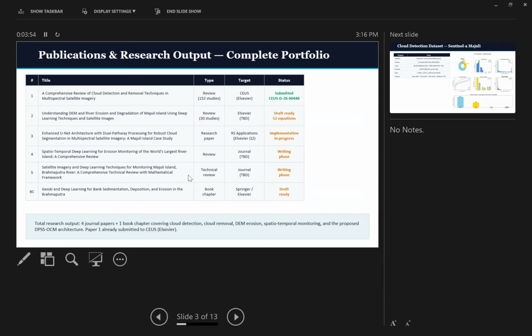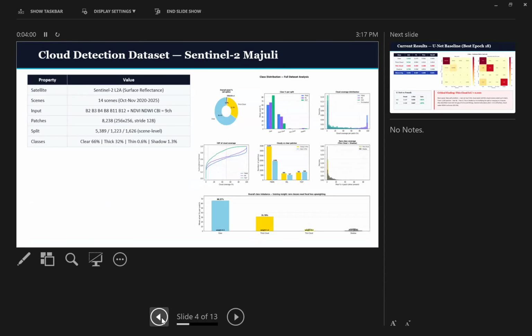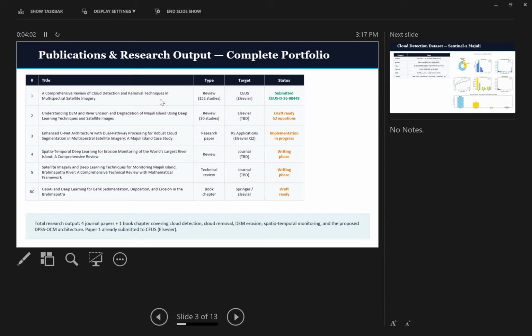One is the Springer, sorry, the Elsevier one, which is the comprehensive review and was submitted. The second one, on DEM and erosion degradation, has a draft ready, and I want to give it to Elsevier only.